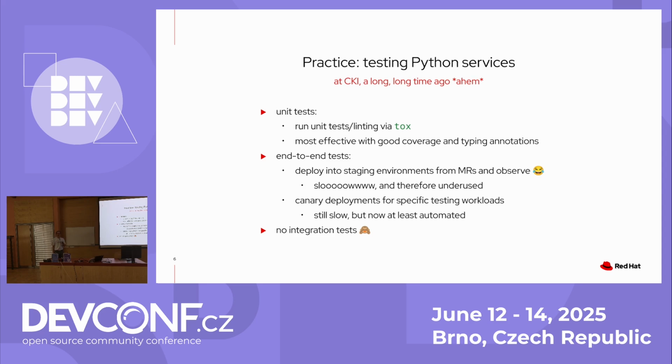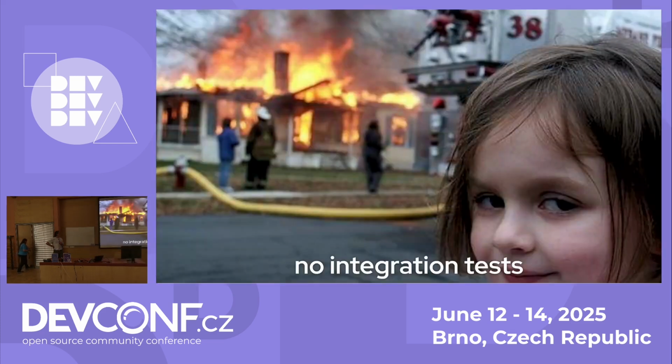People were using them, but not very much, because these things are normally slow: you deploy into staging and then you go and look at the logs or do something to figure out whether stuff works. So we had that, but it was not used as much as needed. But we didn't have any integration tests. This stuff in the middle, testing components and their interactions, is not that easy to do.